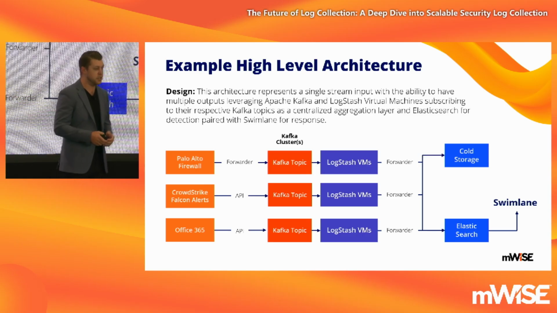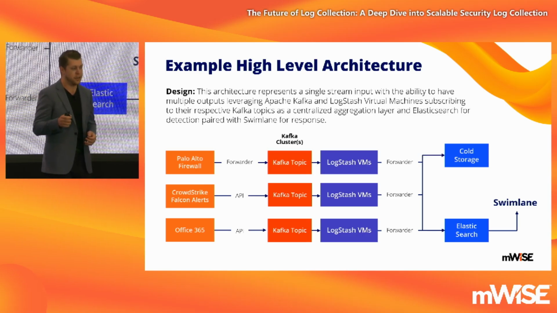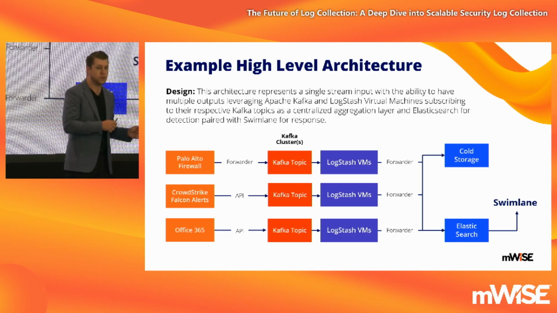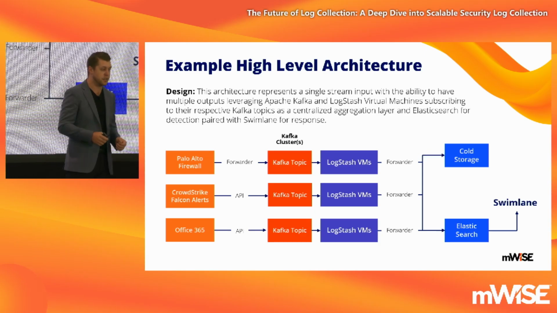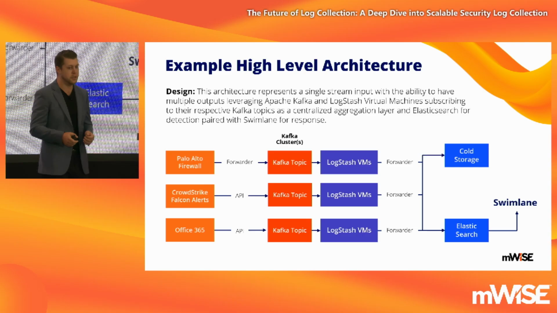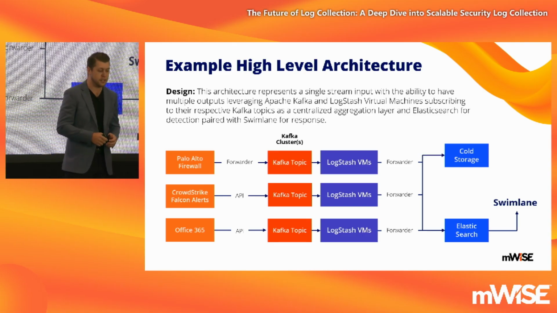The idea here is you're sending data still to a centralized location, and you're normalizing the data using Logstash VMs. On the previous slide, Google SecOps had native parsing in the product. So you're leaning towards the features and benefits of the product and where you need to go to cover off on the goals for your security log collection.